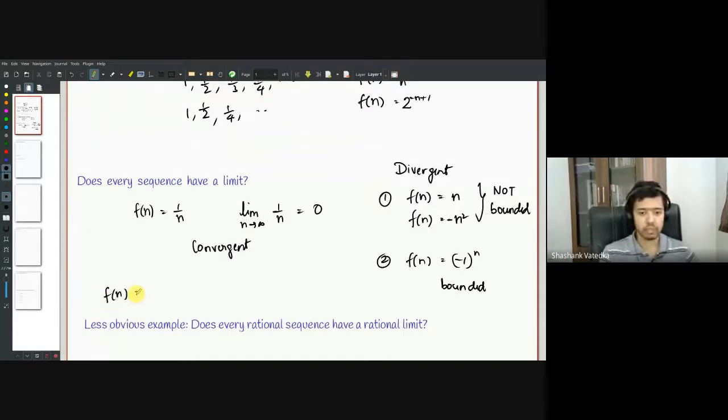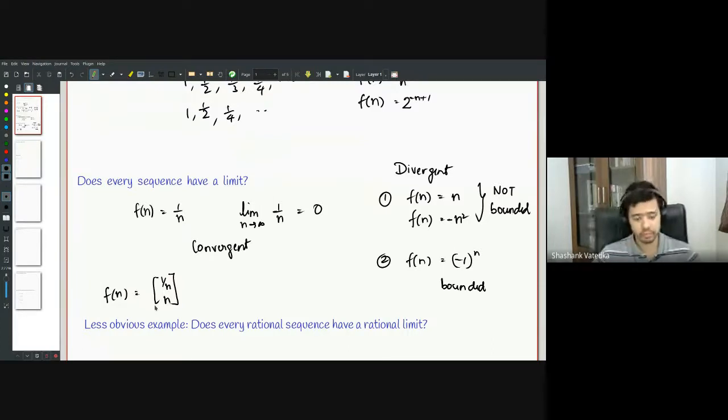F of n is, so now f of n is not a real number. We can say that f of n is a vector, right? So in particular, I could say that this is 1 over n and n. All right. So does this sequence have a limit?